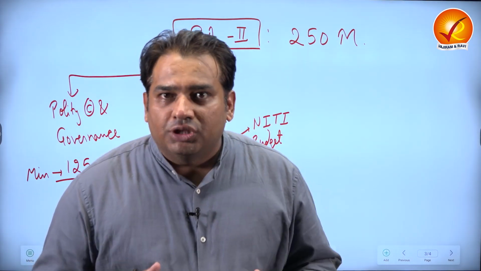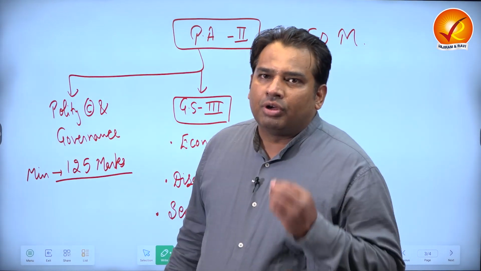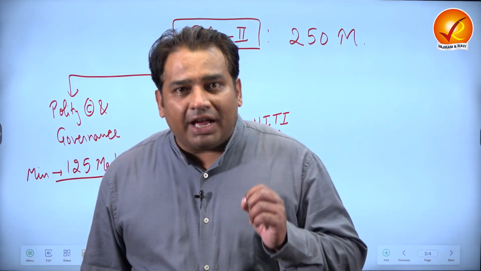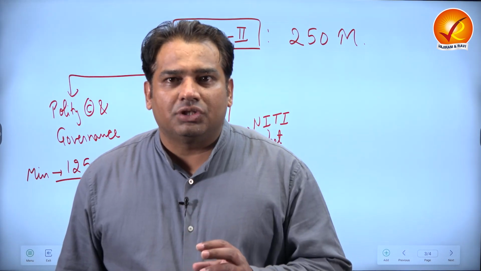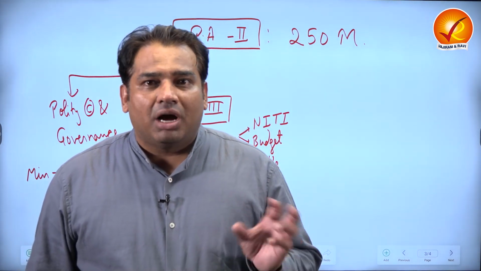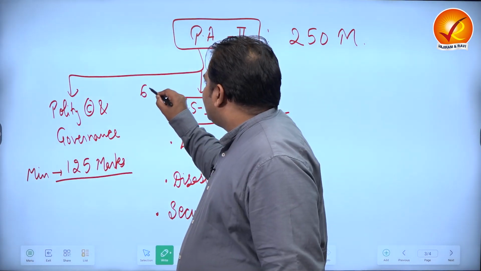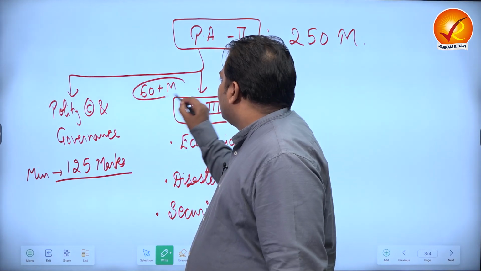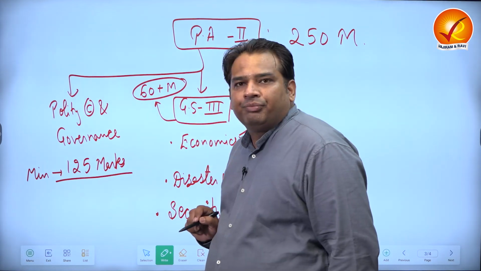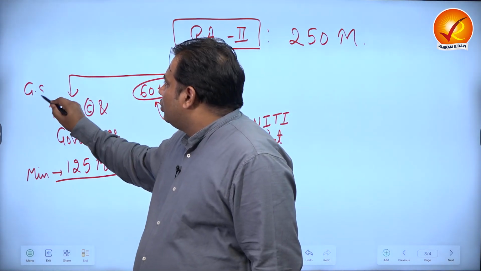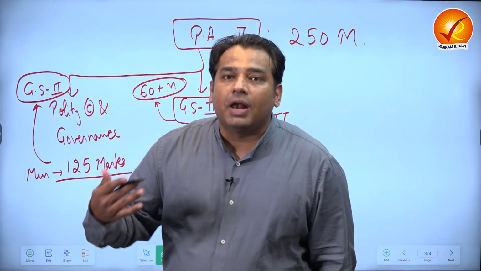That means if you observe the weightage for this GS paper 3, you will find a minimum of 4 to a maximum of 5 questions we can link with the public administration syllabus, and if we take 10 to 15 marks on average, overall 60 plus marks is the minimum weightage we can get in the GS paper 3, whereas in the GS paper 2 that weightage was 125 plus marks.